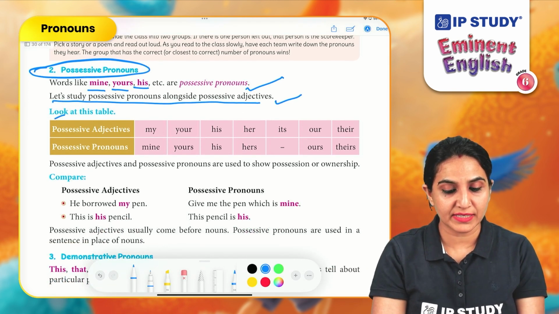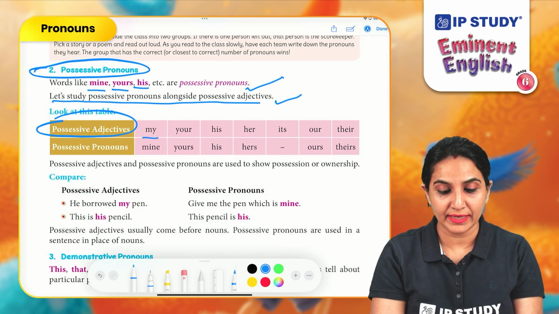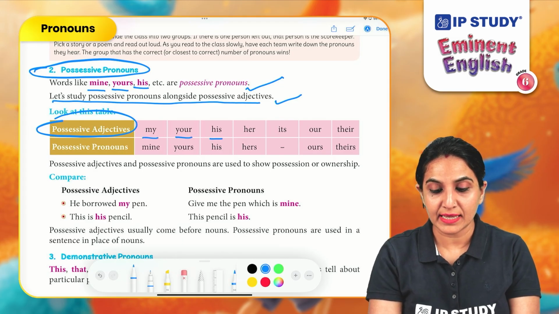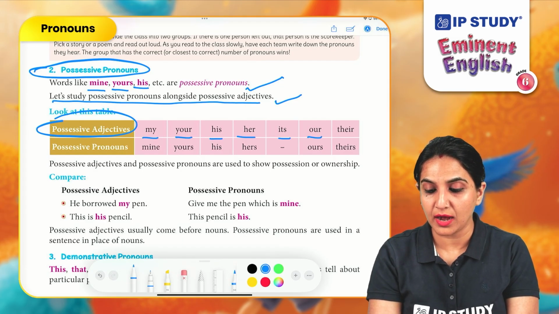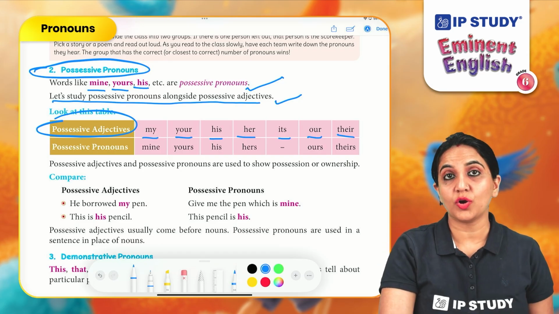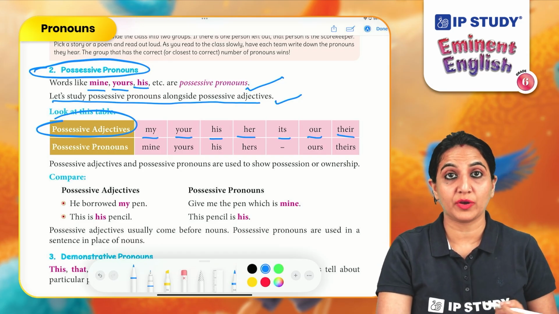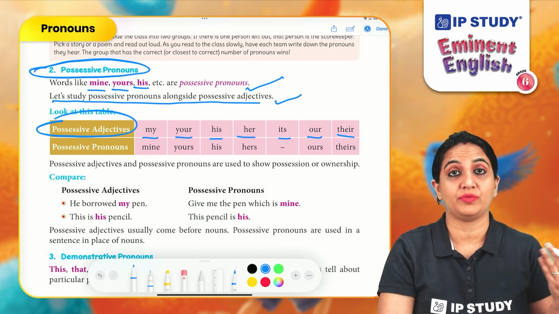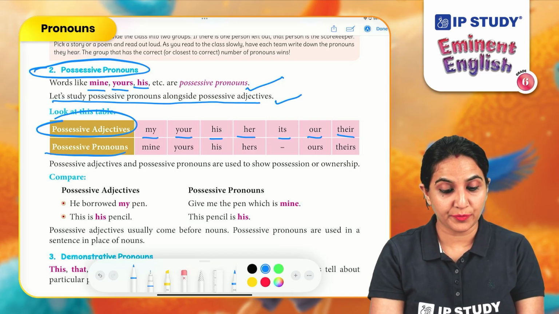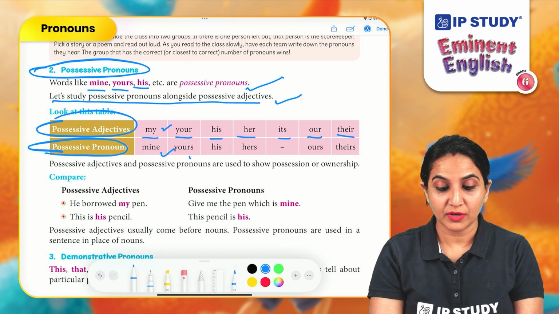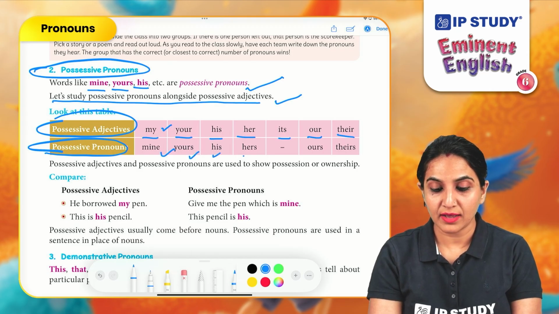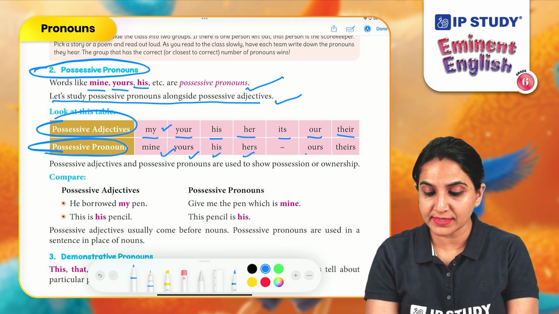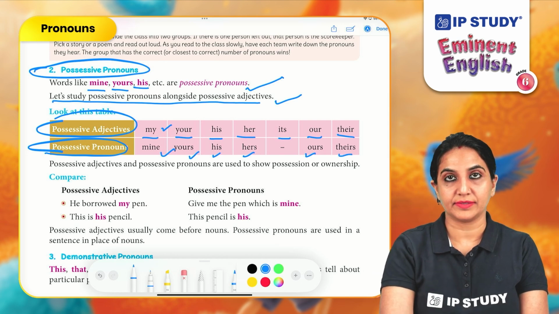The possessive adjectives are my, your, his, her, its, our, their. These are called possessive adjectives because they add something to the noun. They show us the possession of the nouns. With possessive pronouns, instead of my, we use mine, yours, his, hers, its, ours, and theirs.